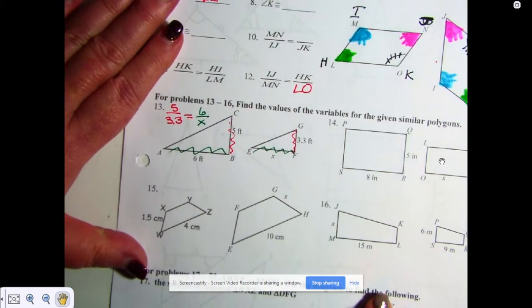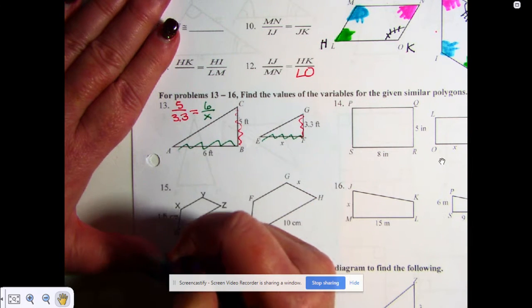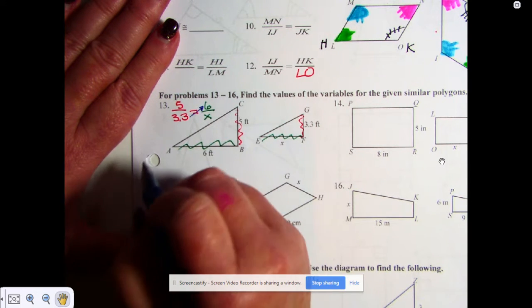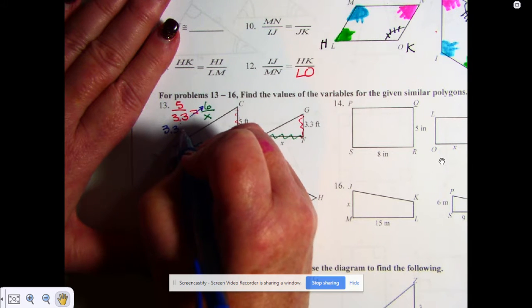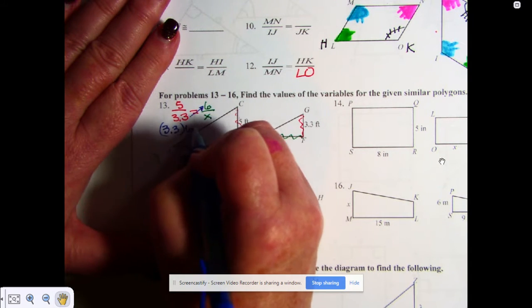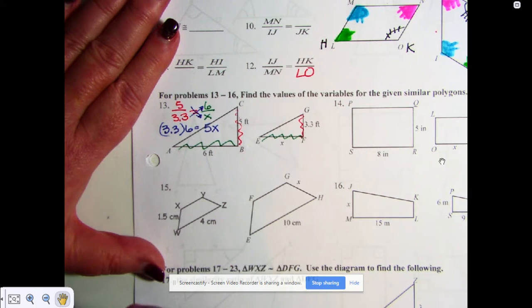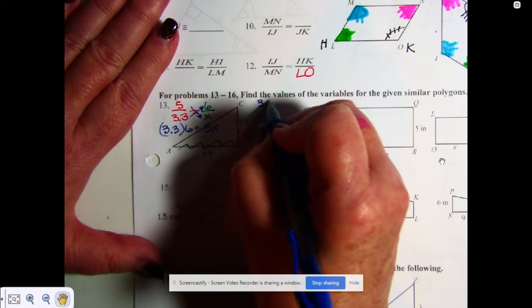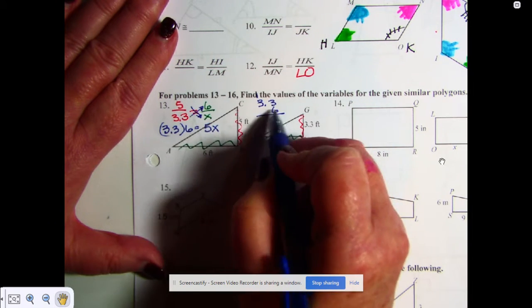Now, what does that mean that we're going to do? We're going to cross multiply or do the means extremes property. So you go upstairs and get 3.3 times 6, and go downstairs and get 5x. I don't have a calculator, so I'm going to have to say 3.3 times 6. That's going to be 8, carry 1.